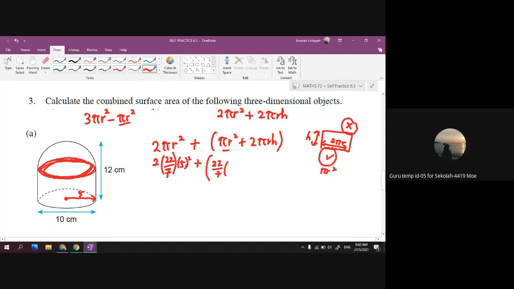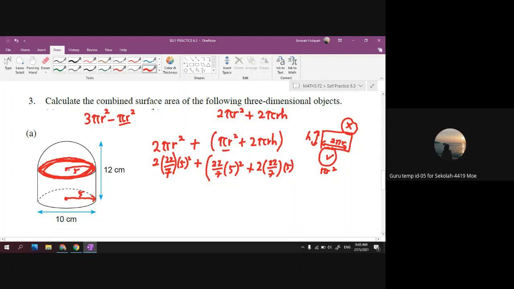pi 22/7. R dia tadi 5. Oh sorry, 5 untuk yang hemisphere ni tadi atas ni silap. So since radius untuk cylinder ni 5, so of course lah hemisphere ni pun 5. Okay, same length. Right. 2 times 22/7. R dia adalah 5. Height dia, height untuk cylinder berapa?